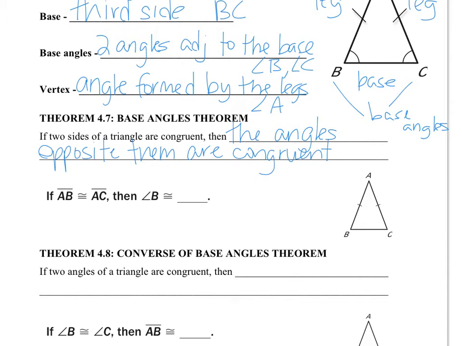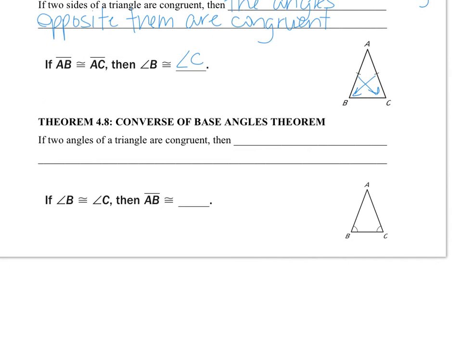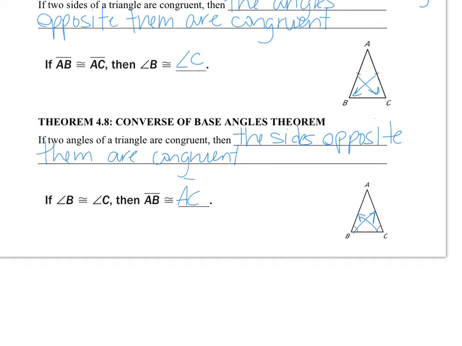So if I have AB and AC congruent, then angle B is congruent to angle C. And likewise the converse, if two angles of a triangle are congruent, then the sides opposite them are congruent. So AB would be congruent to AC.